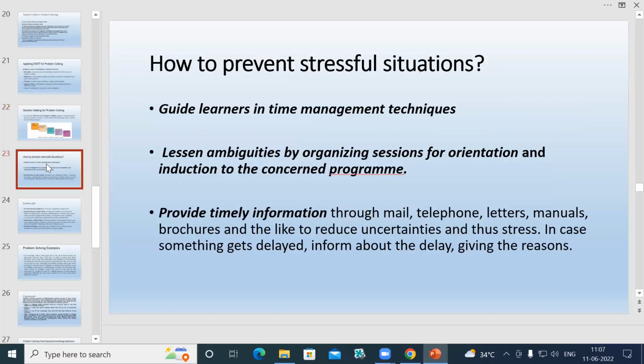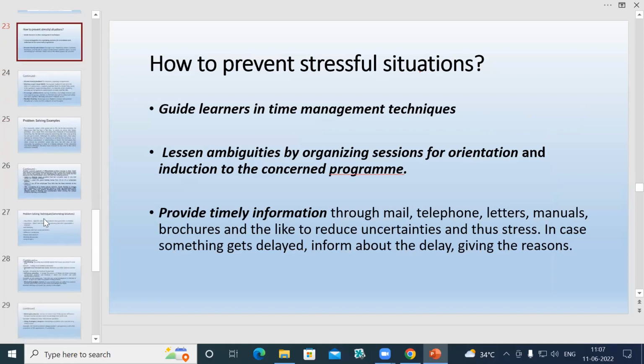Next slide, please. So now the question is how to prevent this, because in problem solving there are various stresses working around, especially in the COVID-19 scenario. So how to prevent stressful situations? First, you guide the learners in time management techniques, which is very important.